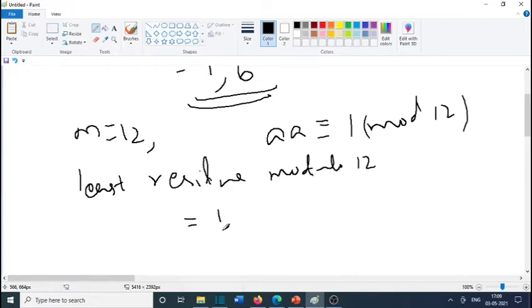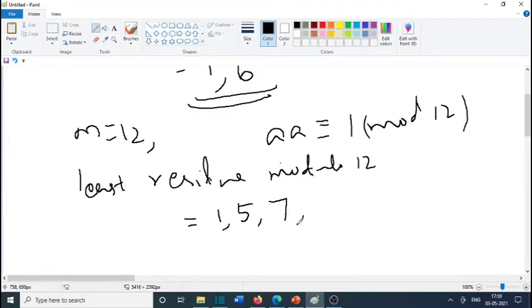Next, 3 into 3, 9 minus 1, 8, is not a multiple of 12. 4 into 4, 16 minus 1 is not a multiple of 12. 5 into 5, 25 minus 1, 24, is a multiple of 12. Now 6 into 6, 36 minus 1 is not a multiple of 12. 7 into 7, 49 minus 1, 48, is a multiple of 12.